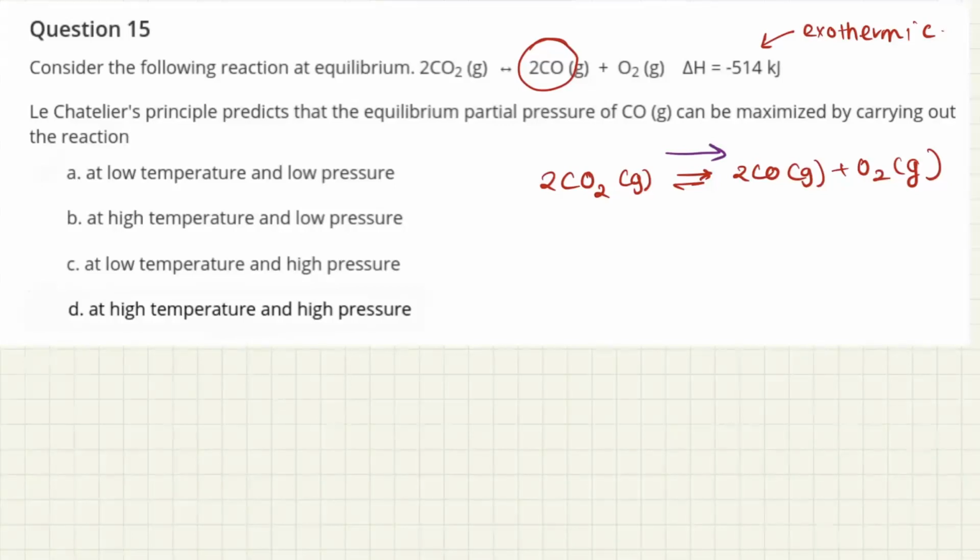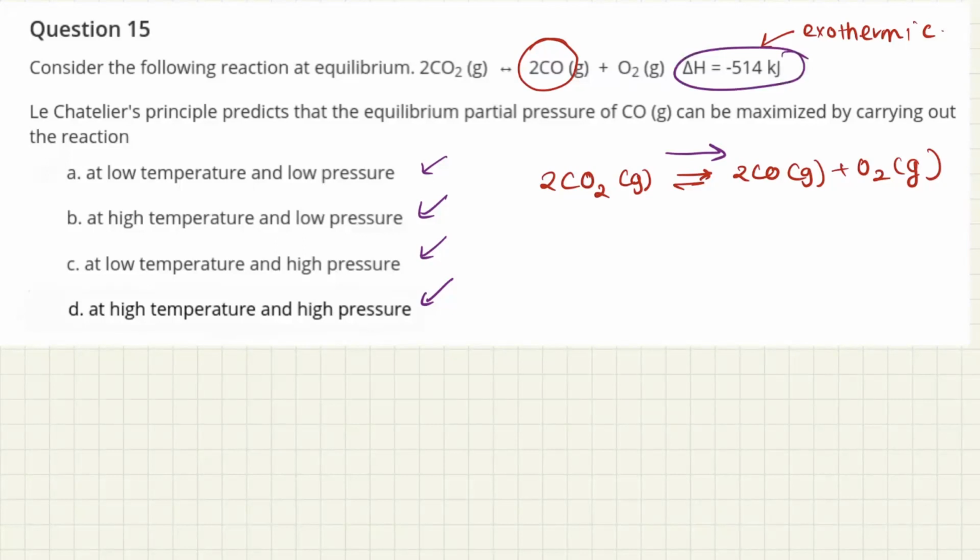And let's look at each of the options to see which one is going to help our reaction go to the right. Okay, so first of all, it's all about either temperature and pressure. So because we're doing temperature, what we're going to do is put the delta H in the equation itself.